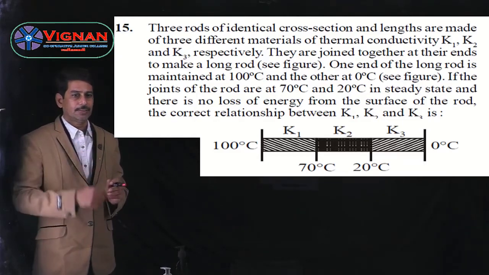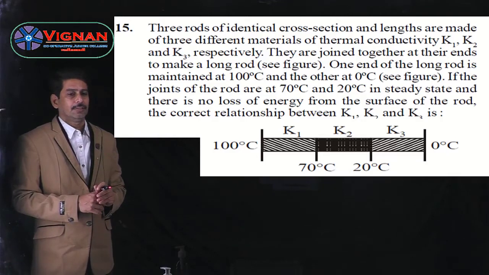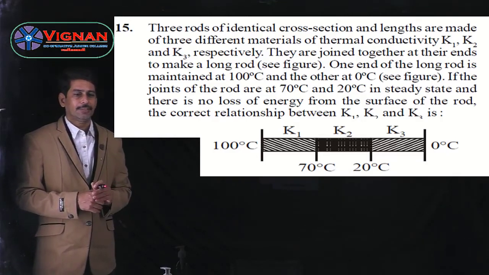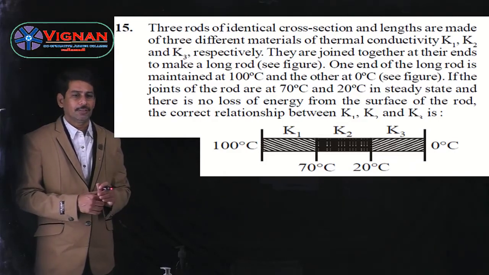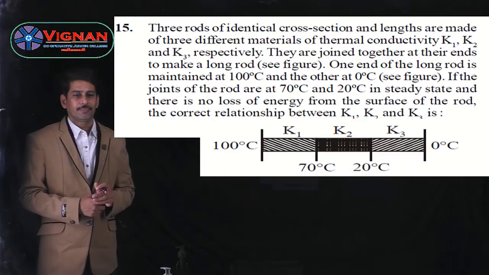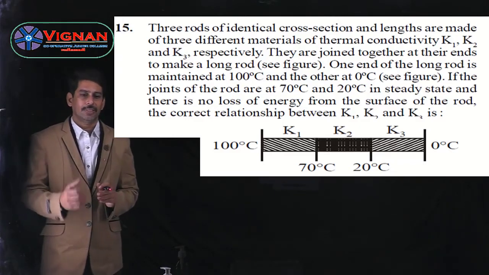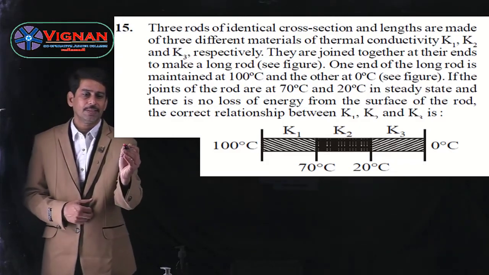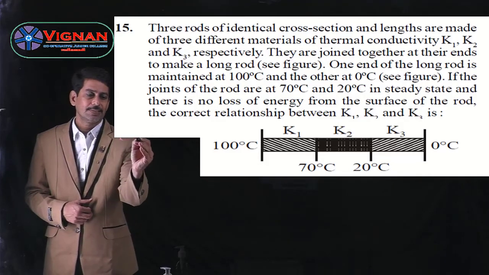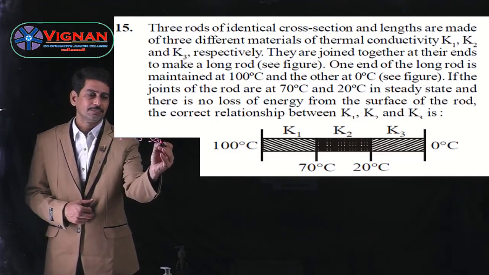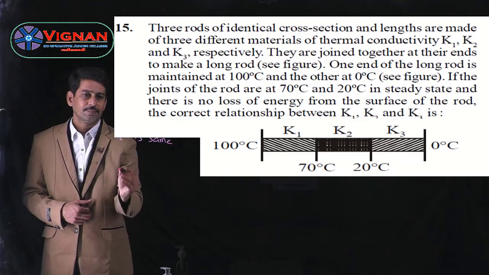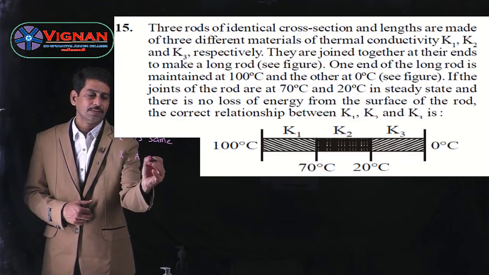So here 3 rods are given and they are connected in series, and we know whenever they are connected in series the heat energy flowing remains the same, and they are identical rods, so they have the same length as well as the same area. So here L and A are same.